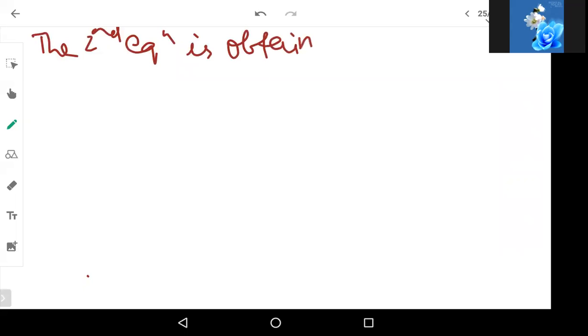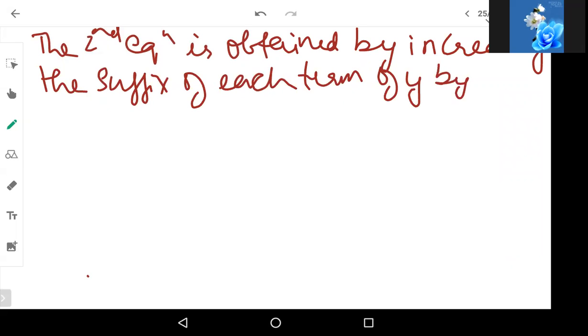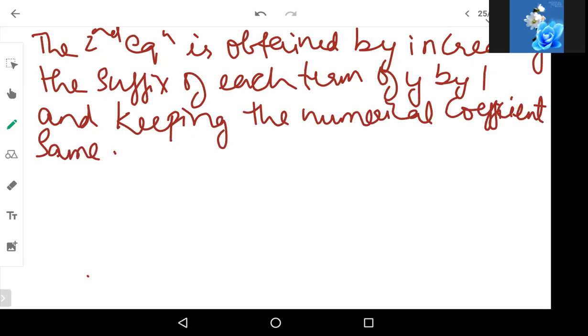It's better you write a note in every solution, saying: the second equation is obtained by increasing the suffix of each term of y by 1 and keeping the numerical coefficient the same. So we are going to keep the numerical coefficient the same.